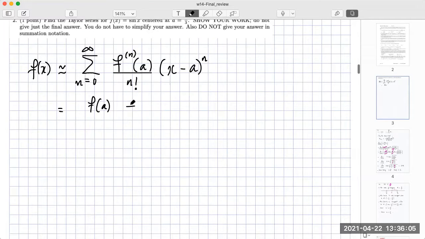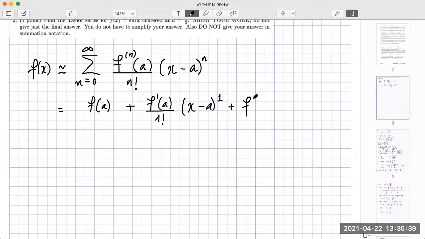The second term, what is it? It means when n is equal to 1. Yes, f prime at the point we're looking at, divided by 1 factorial, times x minus a to the 1.